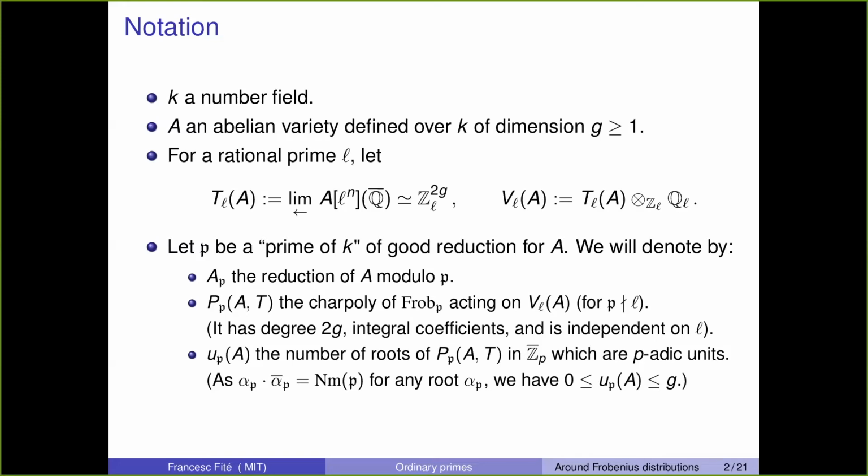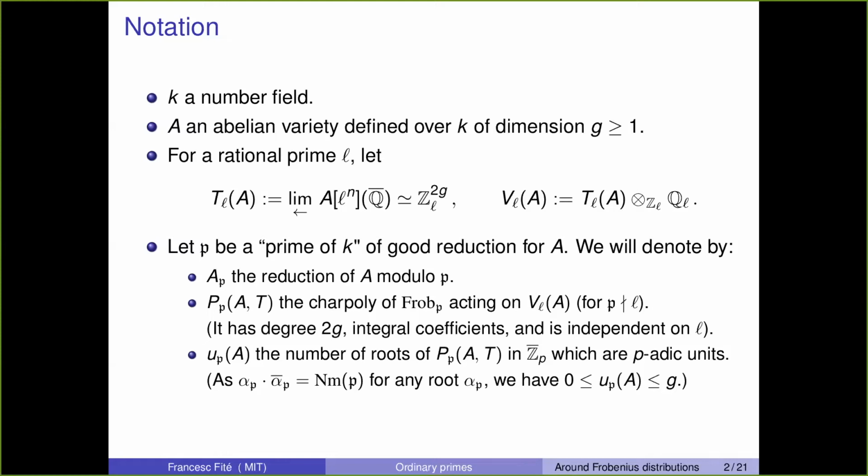And I will denote by P_p the characteristic polynomial of Frobenius acting on the rational l-adic Tate module V_l. Because p has good reduction, this is well defined. This is a polynomial which has degree 2g, and it has integral coefficients which do not depend on the choice of l we made, as long as we take p and l coprime.